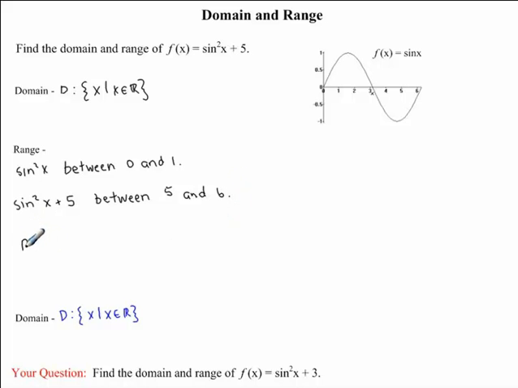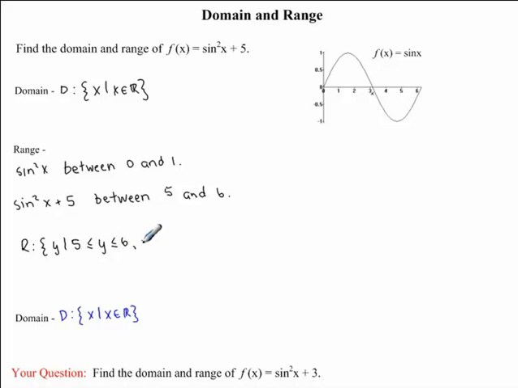So we will have r colon squiggly brackets. Now for range, we look at our y variable. So we have y such that, and we know that it goes between the values of 5 and 6. So we will have 5 less than or equal to y, which is less than or equal to 6.